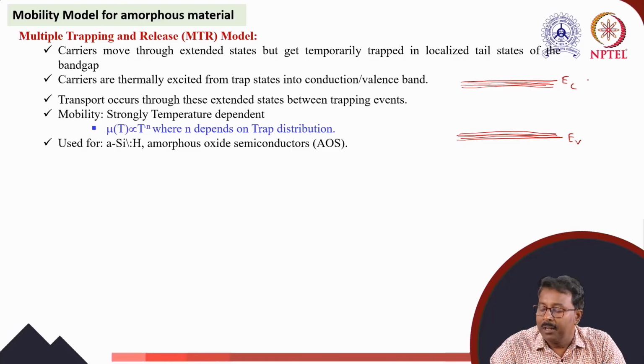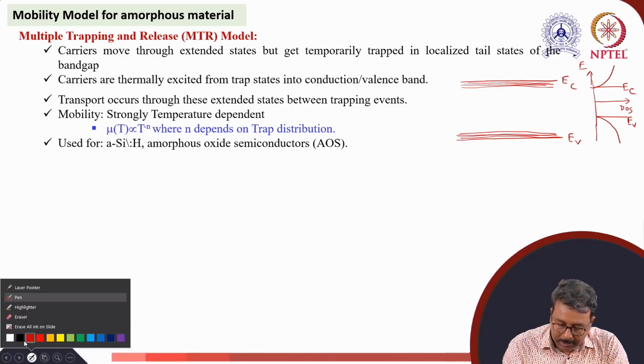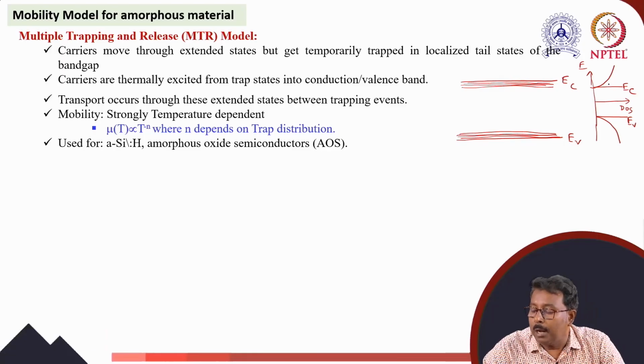Just like, if you remember, the density of states function we have drawn, this was for EC and EV, the density of states, this is the energy and this is along this density of states plotted. So from EC to EV there was no density of states, but in the case of amorphous material some states are available.